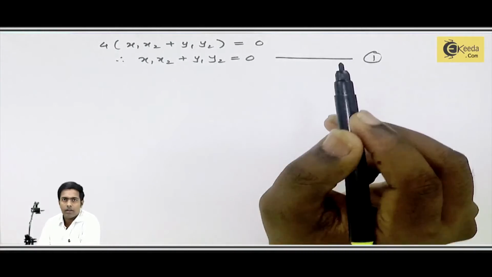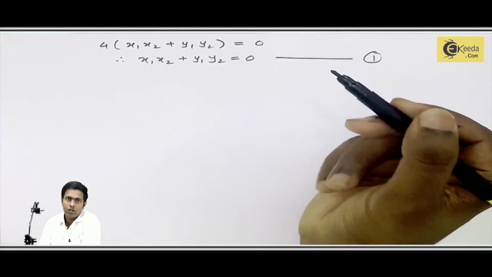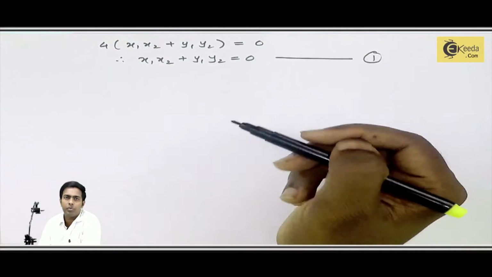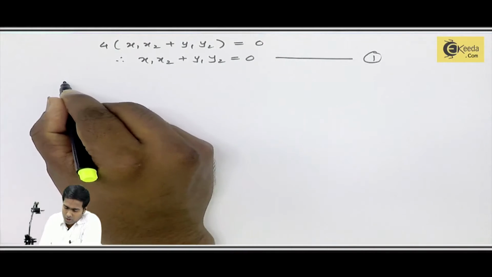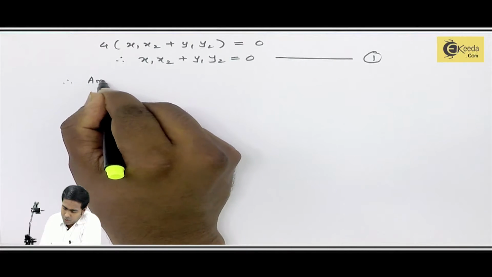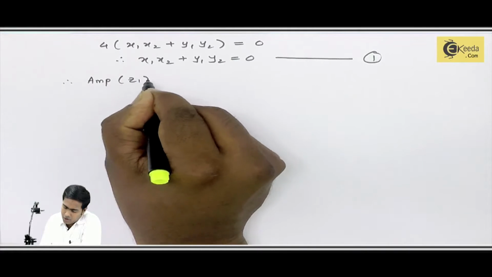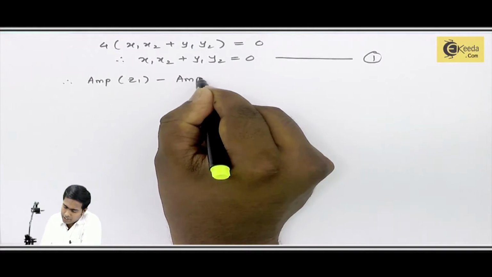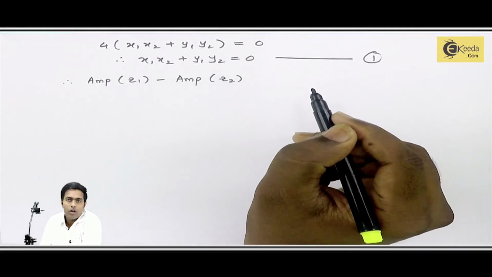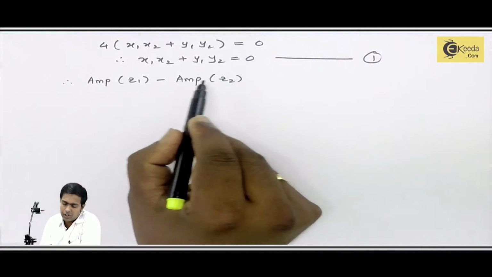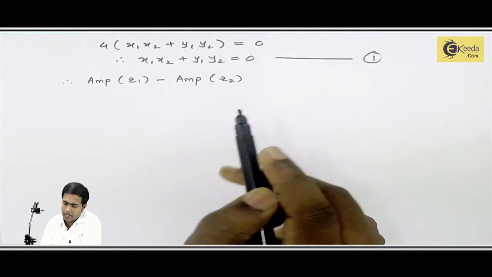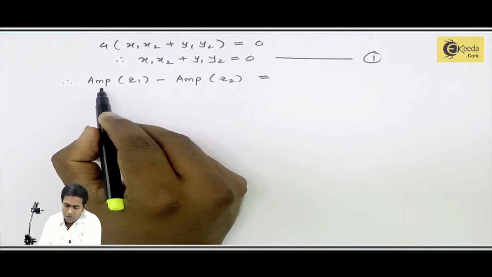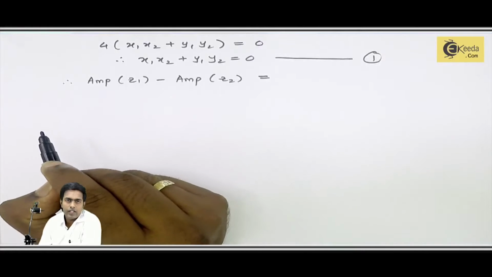Now here we have been asked to prove that the difference between amplitudes of two complex numbers, that is amplitude of first complex number Z1 minus amplitude of second complex number Z2, is equal to pi by 2. So now we will first find what is amplitude of Z1.